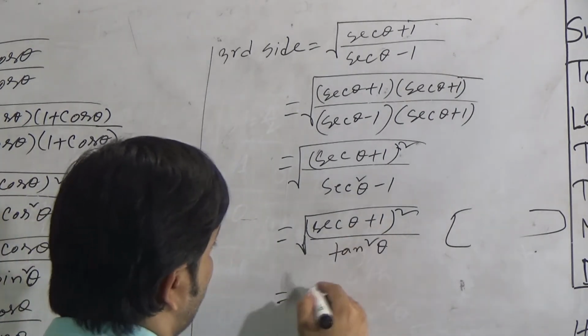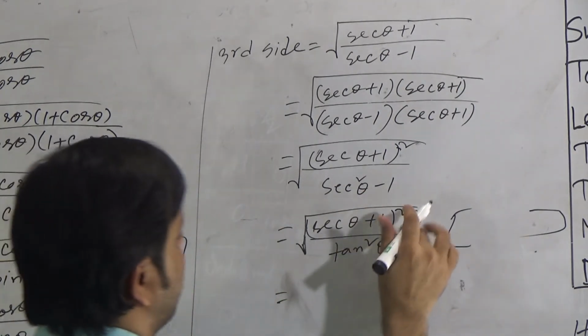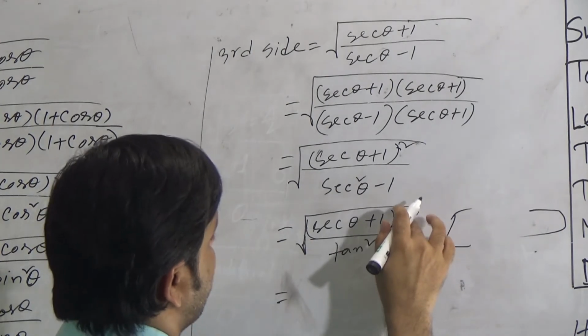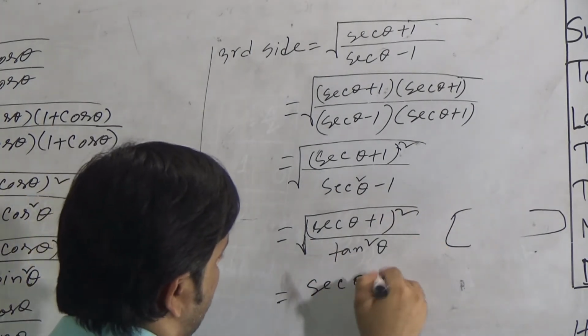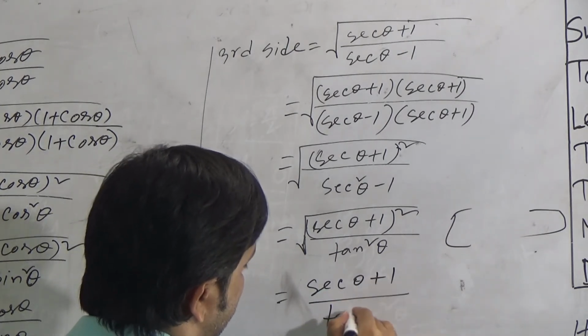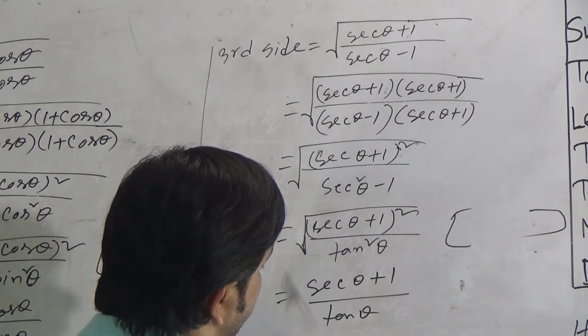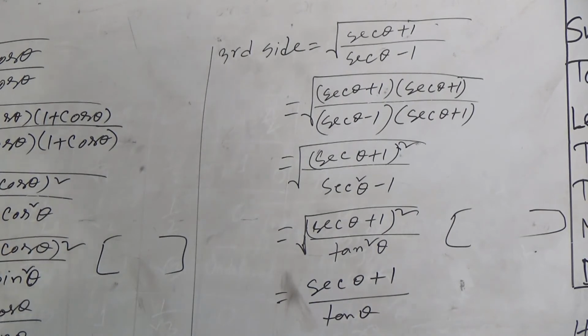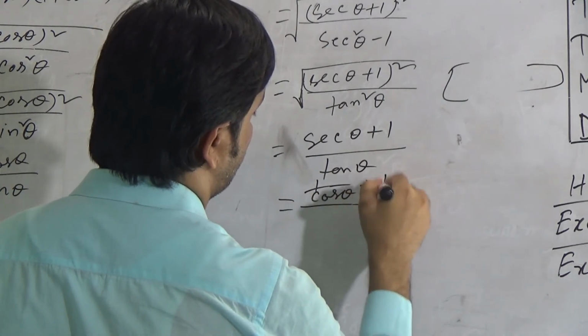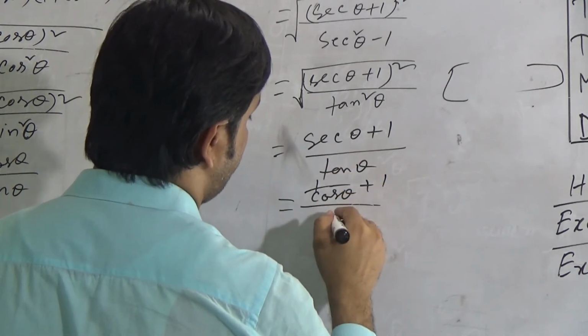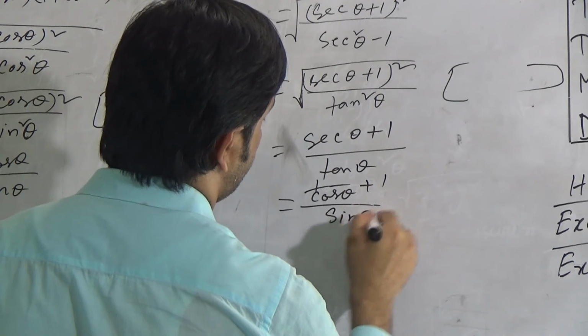So we can remove the square root from numerator and denominator, as there is a square in both. So we'll get sec theta plus 1 divided by tan theta. Now we can express sec theta as 1 by cos theta, plus 1 here, and here tan theta means sin theta by cos theta.